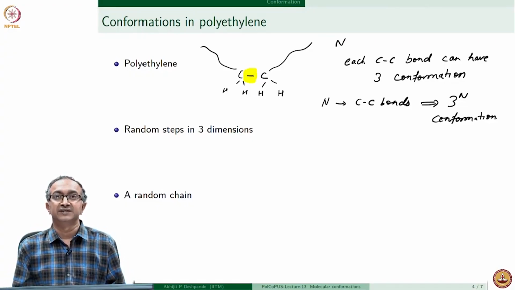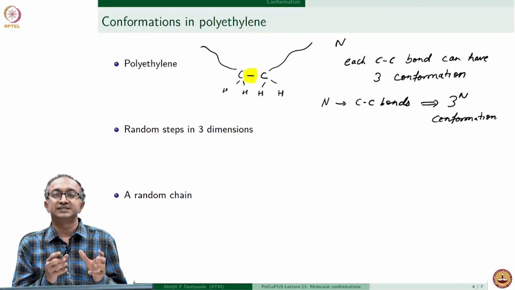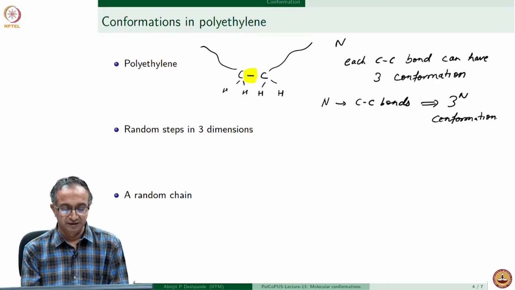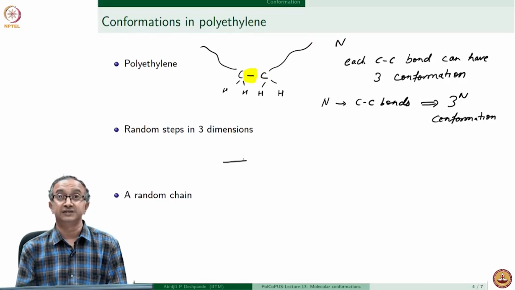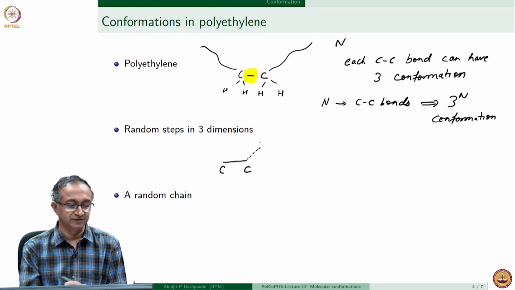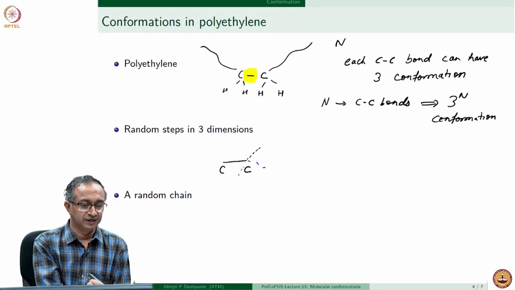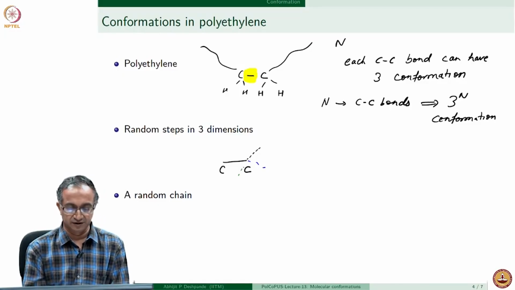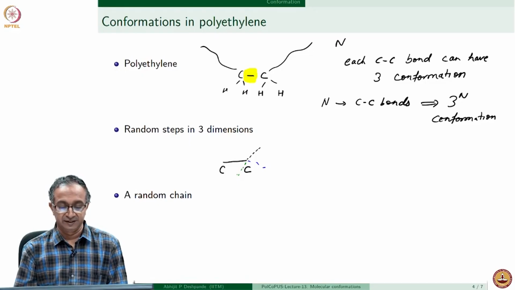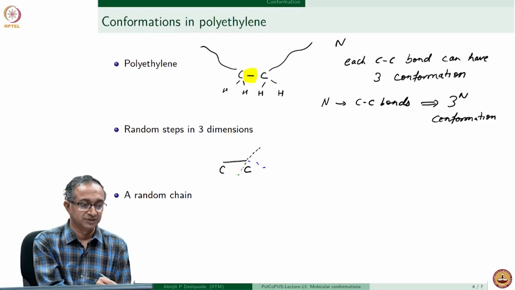And if you start thinking of this in terms of each and every CC bond as a single step, so for example, let's say I draw the first CC bond. Now the next question is, the next CC bond can occupy 3 different states, and I'm just going to use 3 different colors to indicate where the 3 different positions are, and then the next bond again.